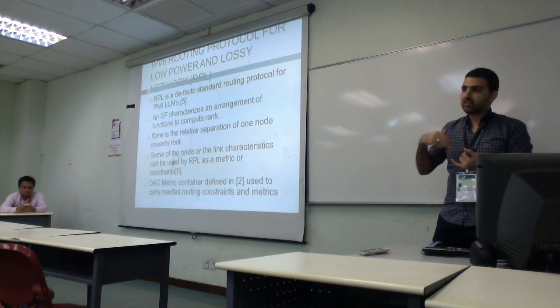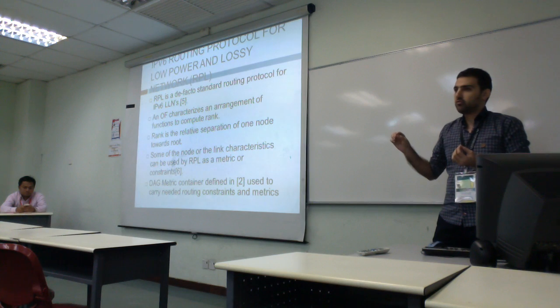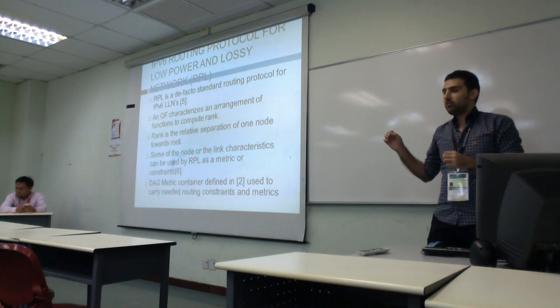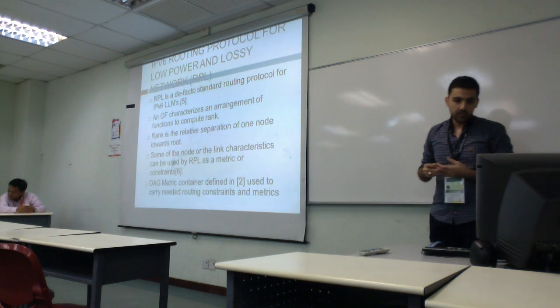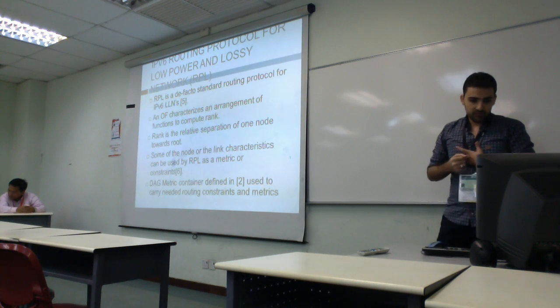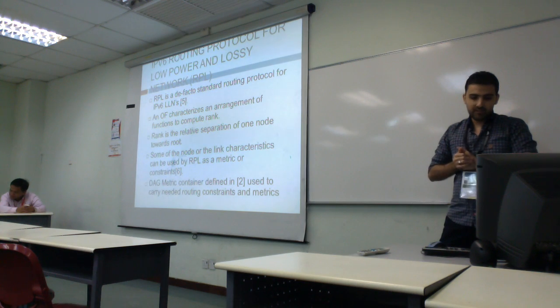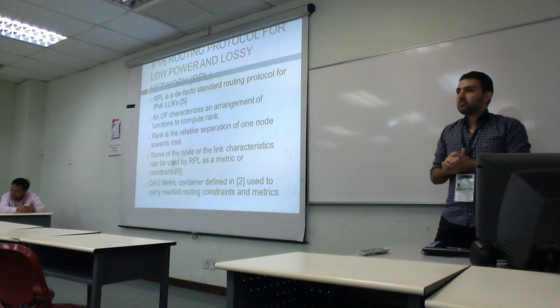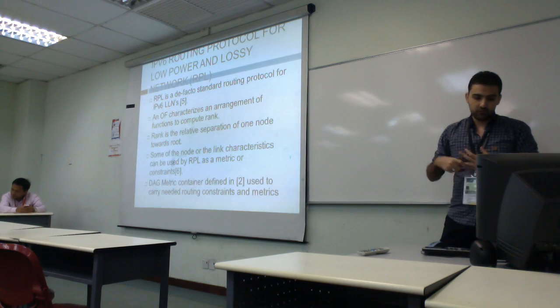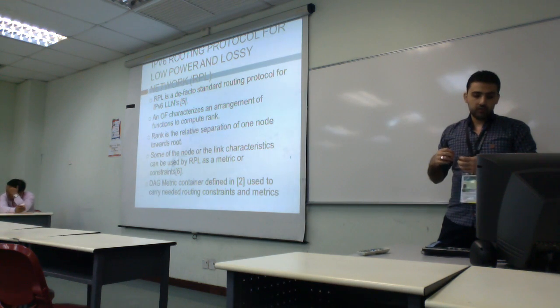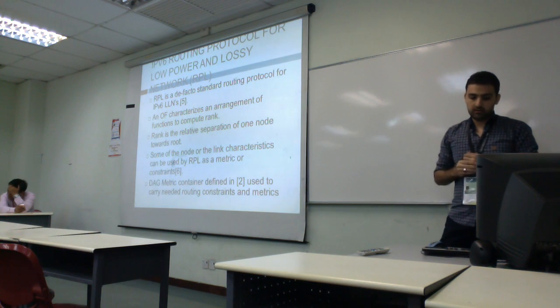So if this rank increases, this means that the node has more cost to reach the root. Some of the node or link characteristics can be used by RPL as metrics or constraints, and these metrics will be carried through the DAG metric container.